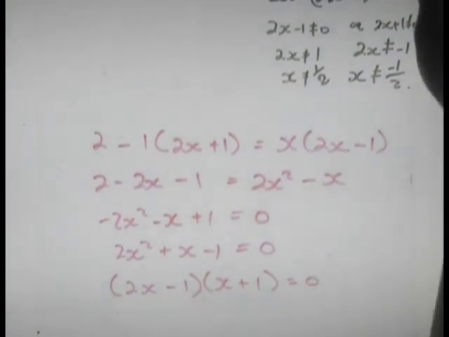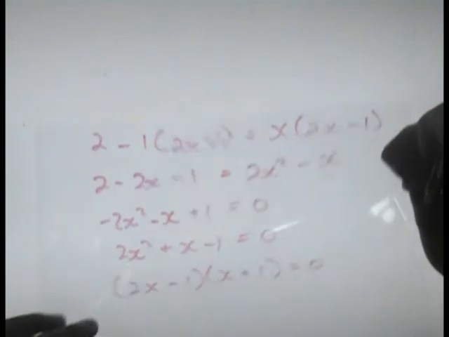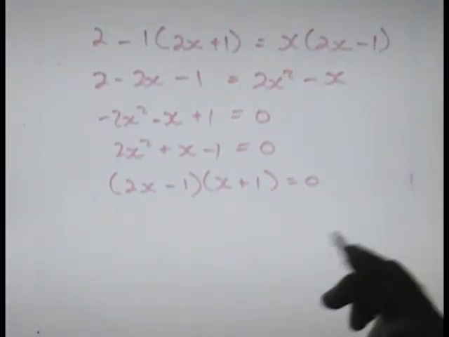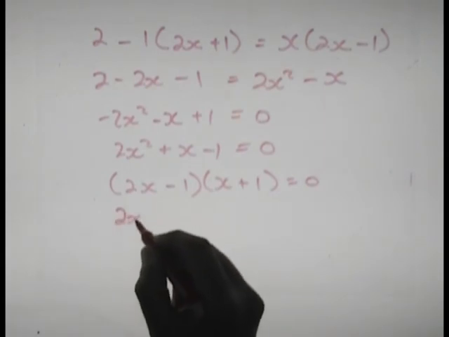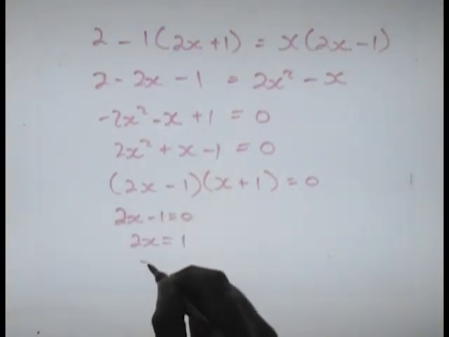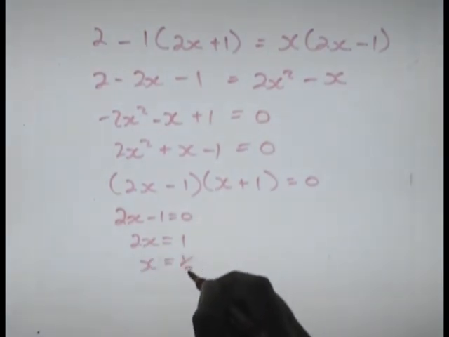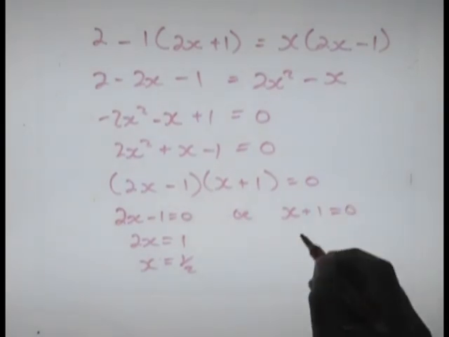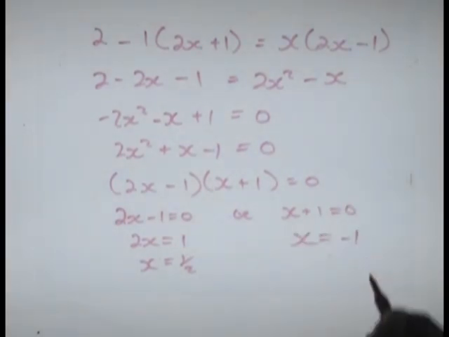That means that 2x minus 1 is equal to 0, 2x is equal to 1, x is equal to 1 over 2, or x plus 1 is equal to 0. That means that x is equal to negative 1.